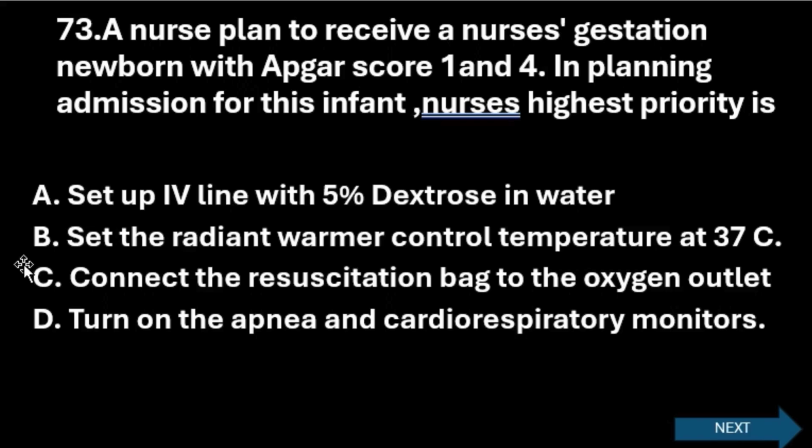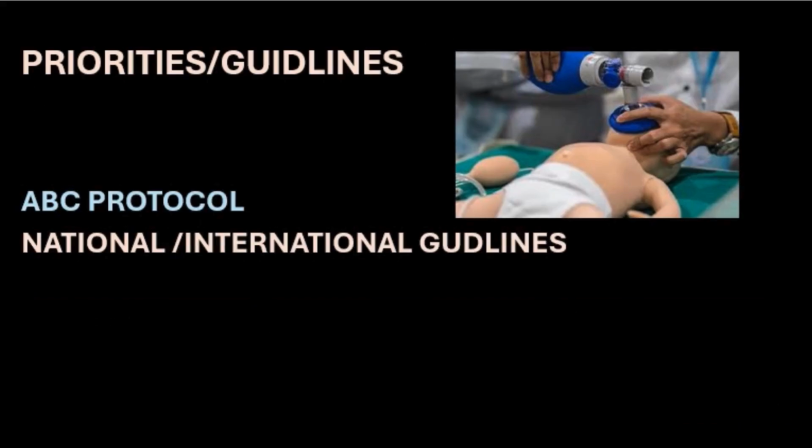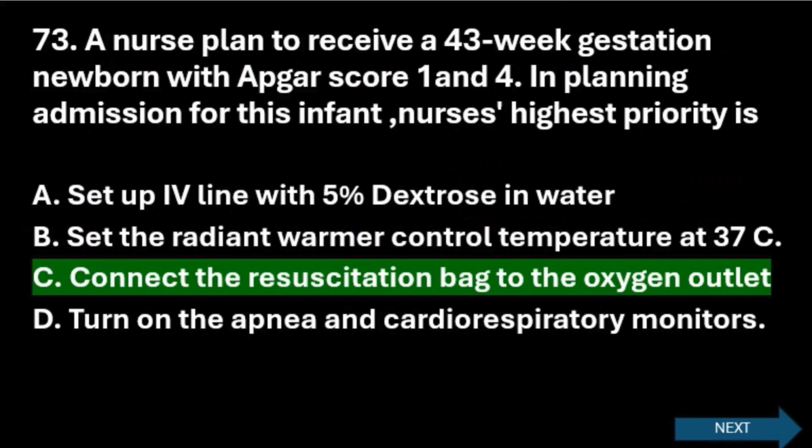Option D, turn on the apnea and cardiorespiratory monitors. Here, the right answer is connect the resuscitation bag to the oxygen outlet. This also comes under the priorities and ABC protocol. Here you can see the resuscitation bag and the oxygen have the highest priority, so we have to go for that answer.